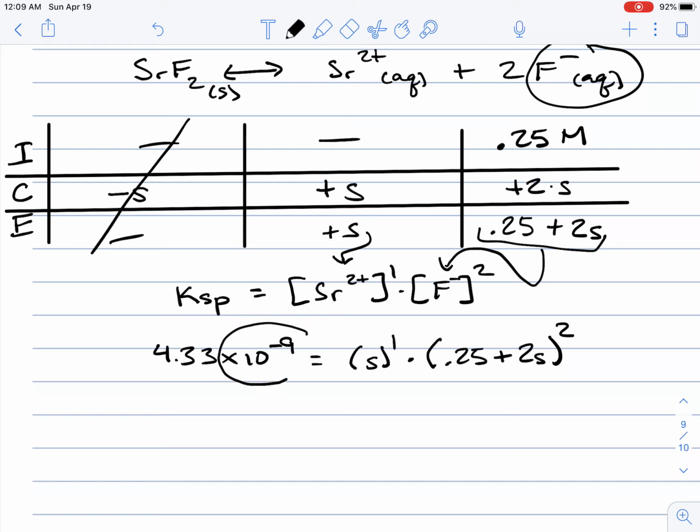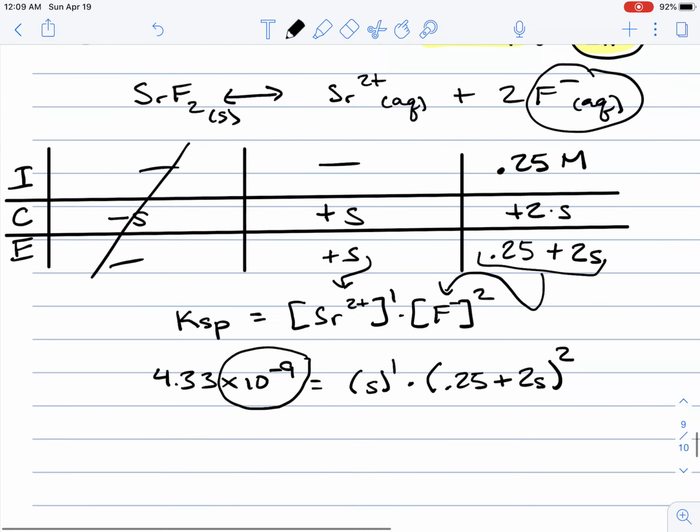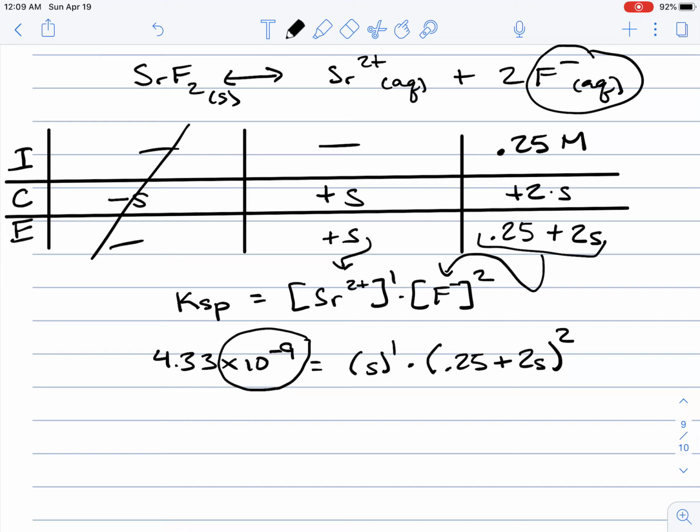And so if you look at the magnitude of the Ksp, it's times 10 to the negative 9. So this is like a rough measure of how much product we're going to produce, if you catch my drift. And since this is times 10 to the negative 9, it's far, far less than 1.